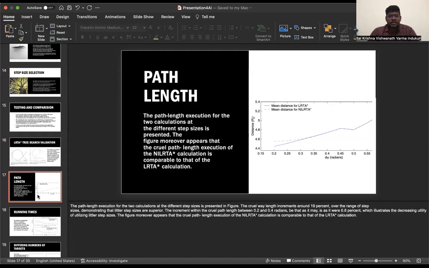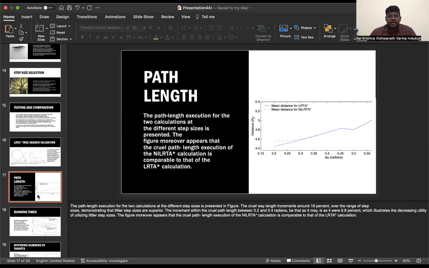So next is the path length performance. The mean path length increases around 19% over the range of step sizes, demonstrating the small step sizes are superior.